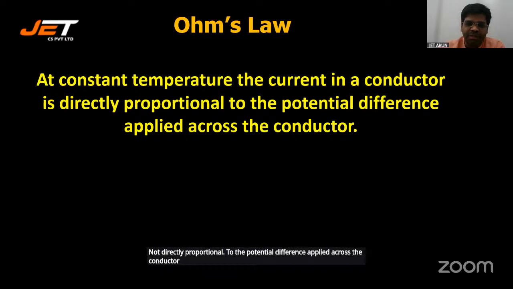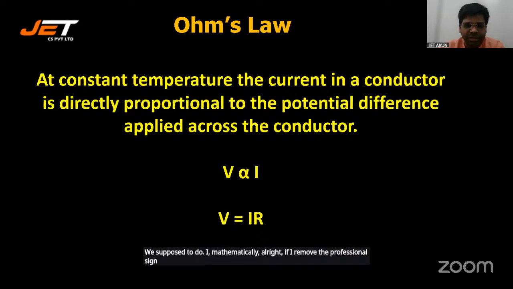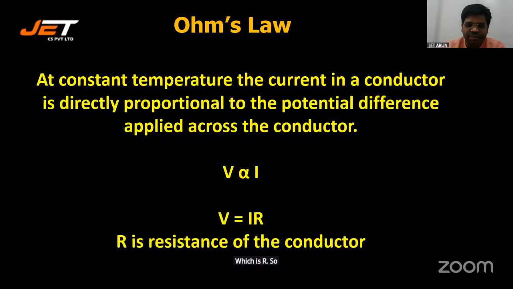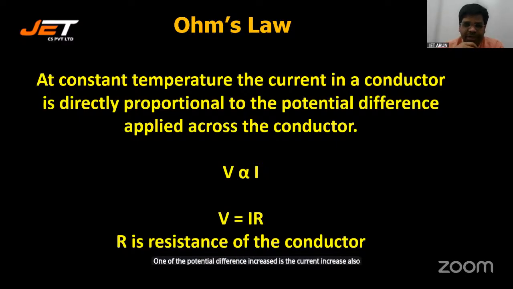So how to write it in an equation? V is proportional to I. If I remove the proportionality sign, I get a proportionality constant, which is R. So V is equal to IR. Fundamentally, V is the cause, I is the effect. When the potential difference increases, the current increases. And R is the resistance of the conductor.